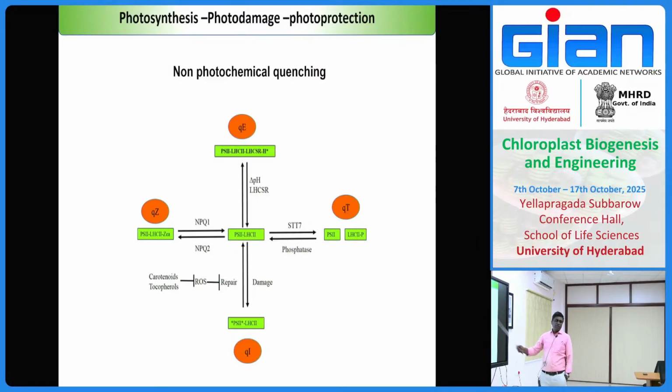Through that, there are specific genes or proteins, LHCSR, also called PsbS, a photosystem protein, that will be overexpressed by acidic pH, and this component is non-photochemical quenching.